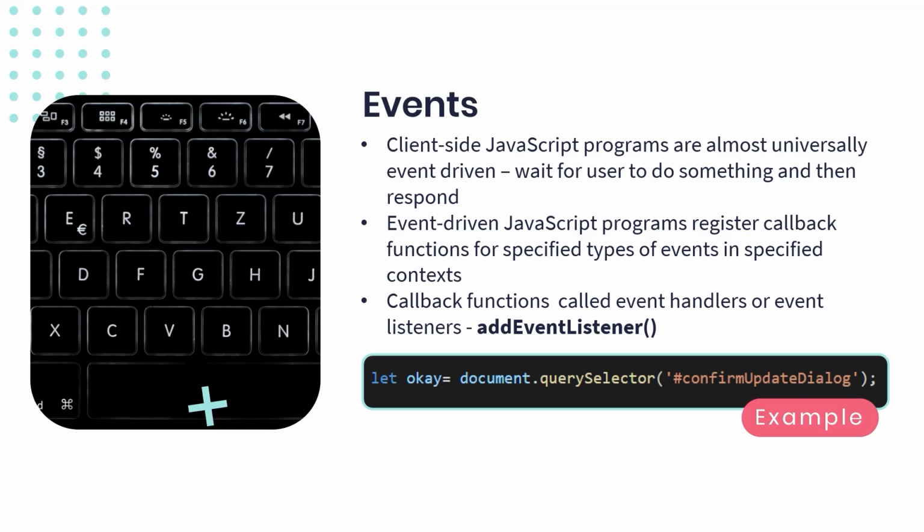We call addEventListener on that element to register our callback. Then the first argument to addEventListener is a string that specifies the kind of event that we're interested in, a mouse click or a touchscreen tap in this case. If the user clicks or taps on that specified element of the web page, then the browser will invoke the applyUpdate callback function, passing an object that includes details about that event.